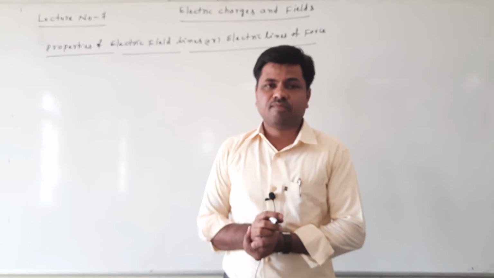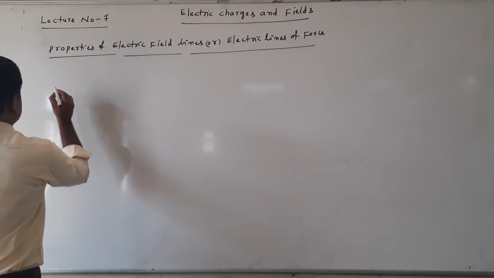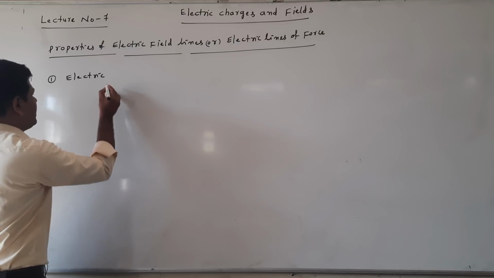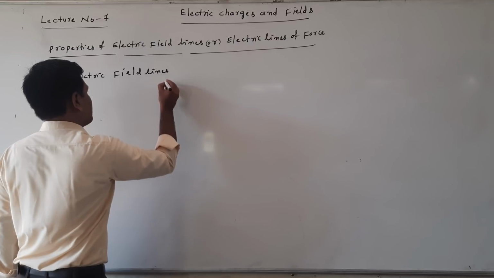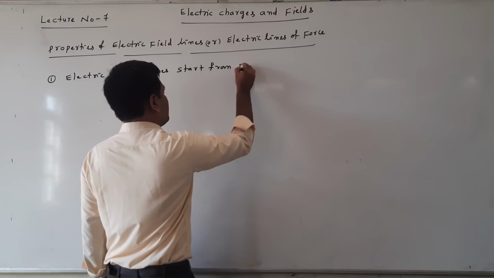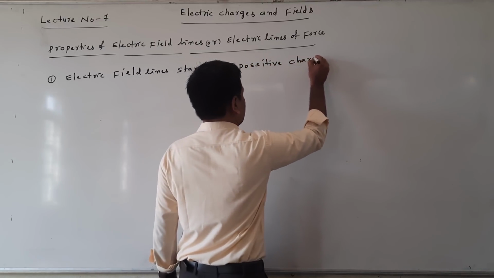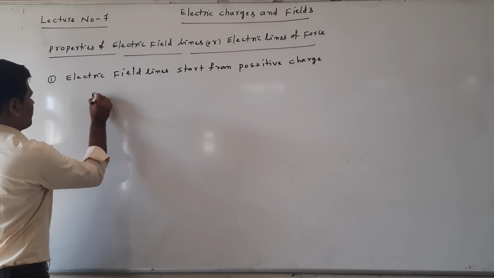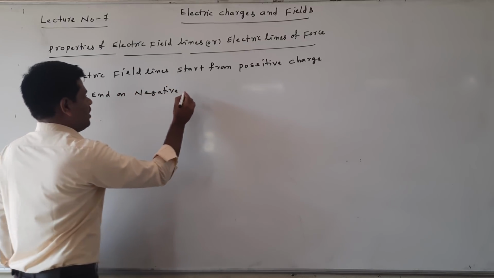Right, first property: electric field lines start from positive charge and end on negative charge. We already know that electric field lines start from positive charge and end on negative charge.